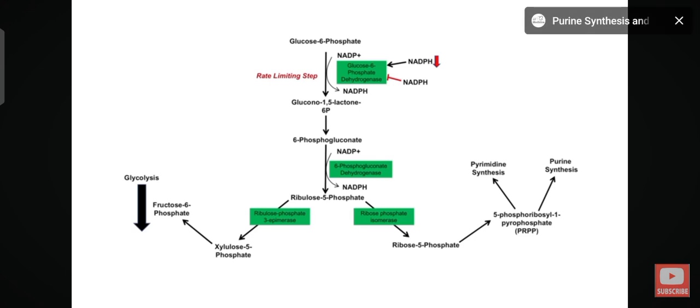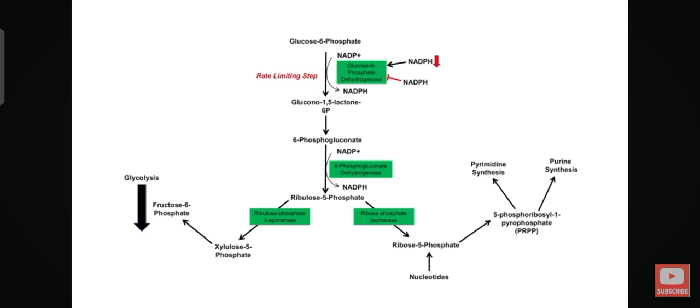So now that you know the importance of PRPP for pyrimidine and purine synthesis, what can happen is, in cells that have nucleotides, the nucleotides can be broken down into ribose 5-phosphate. Now, ribose 5-phosphate can be converted back into some of these earlier steps. I show these arrows as one directional, but a lot of these are reversible.